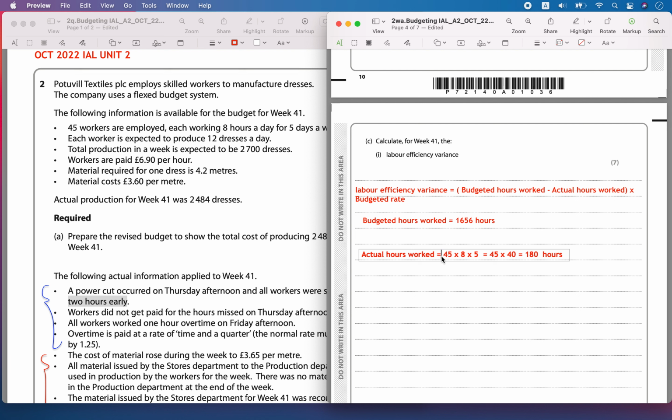But what had happened is they didn't work on Thursday afternoon.